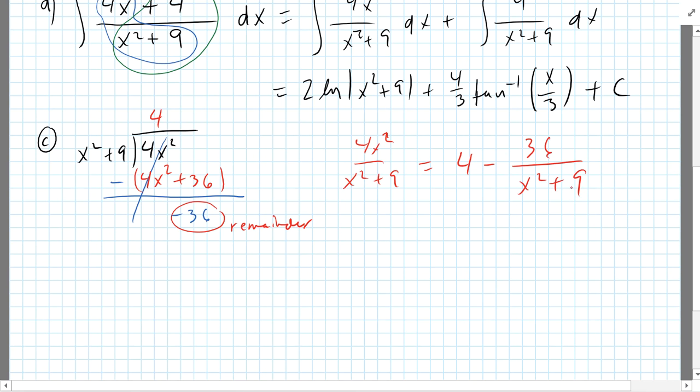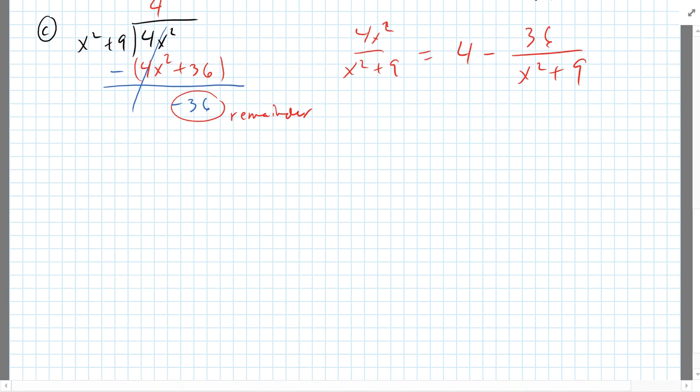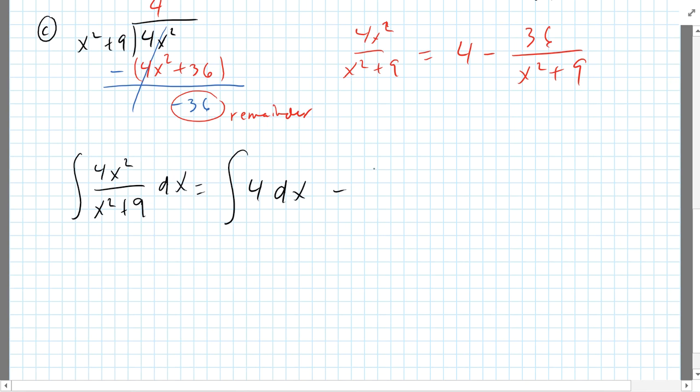Now, the first part is just integrating 4. The second part is an inverse tangent, like in A. So what c becomes, the integral of 4x squared over x squared plus 9 dx, is going to equal the integral of 4 dx minus the integral, I'm going to put the 36 out in front, of 1 over x squared plus 9 dx.